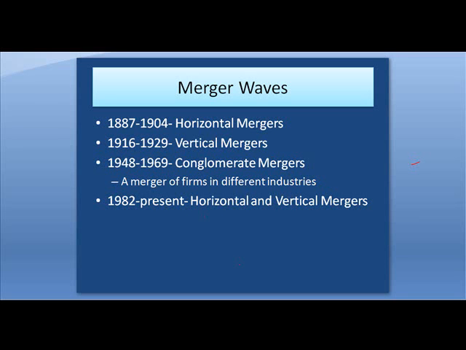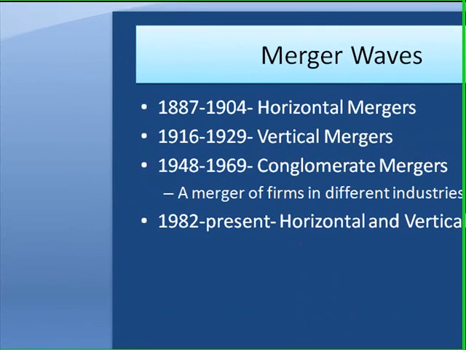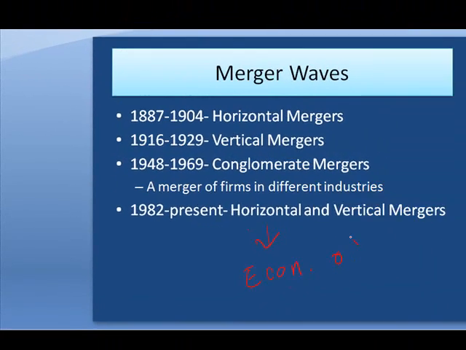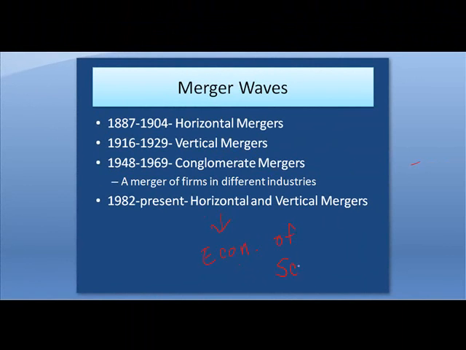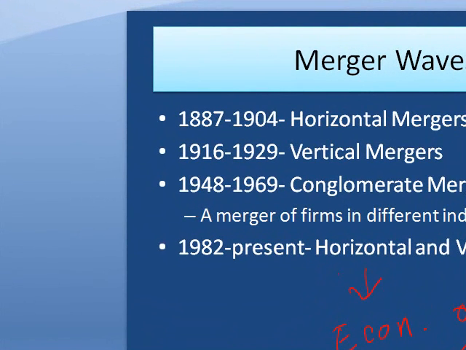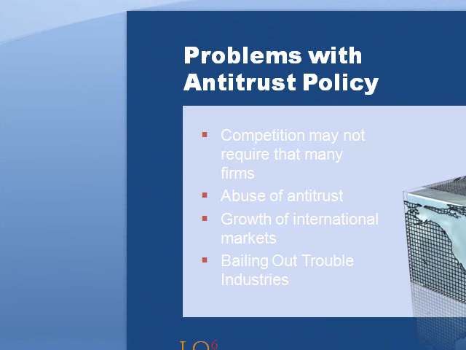And more recently we've seen horizontal mergers again. Now, most likely the reason we've seen this happen is something that we've talked about, known as economies of scale. So I'm going to abbreviate economies there. As we know, the greater and greater the output is, the less and less the cost on average.